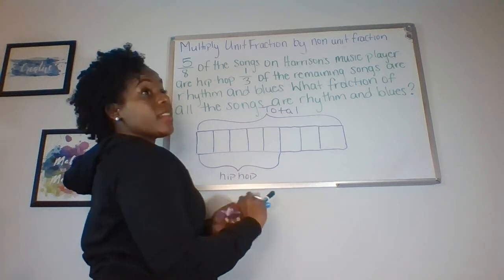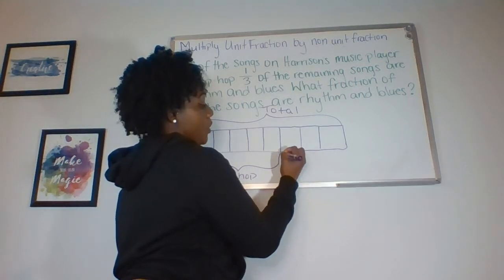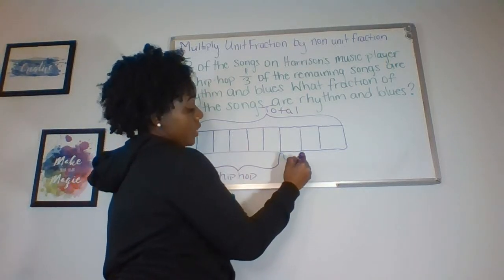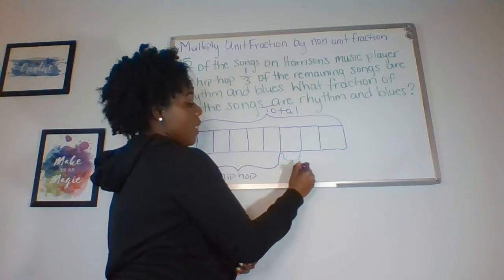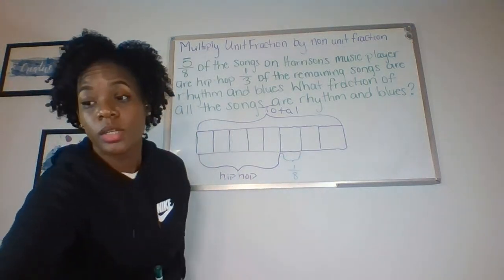Then of the remaining songs, 1 out of the 3 is rhythm and blues. So 1 out of the 3, but there are a total of 8, so that would mean that 1 out of 8 would give us rhythm and blues, okay?